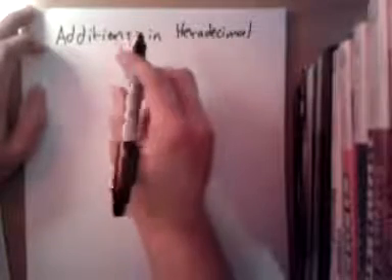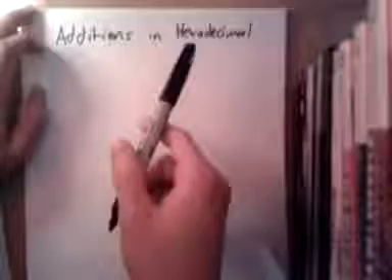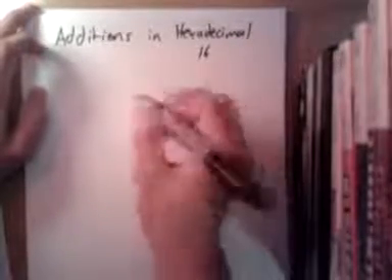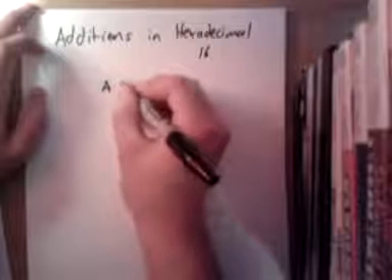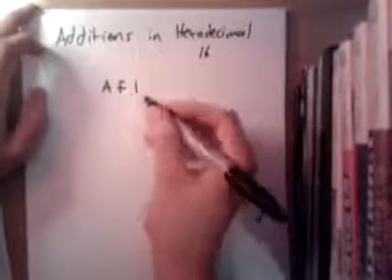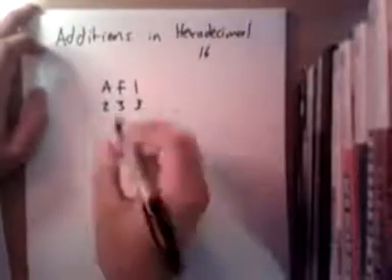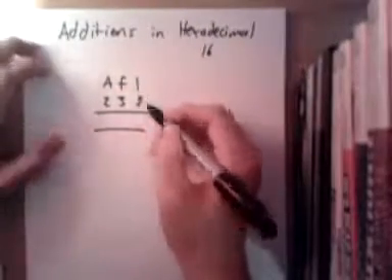Then hexadecimal. Remember, this is number base 16, from 0 all the way up to 15. So instead, A equals 10, B equals 11, etc. As an example, we'll use AF1 and 233. 1 plus 3 is 4.